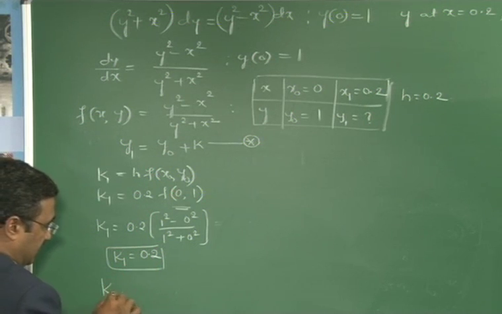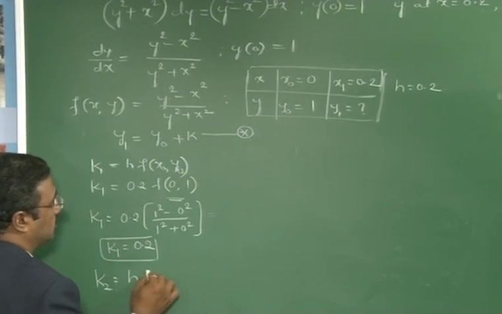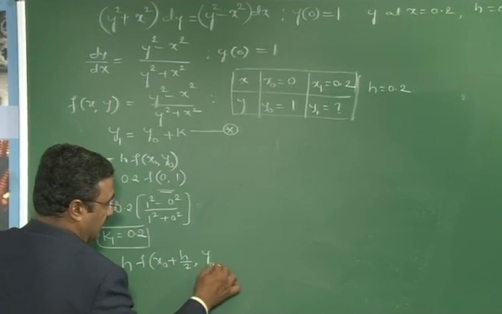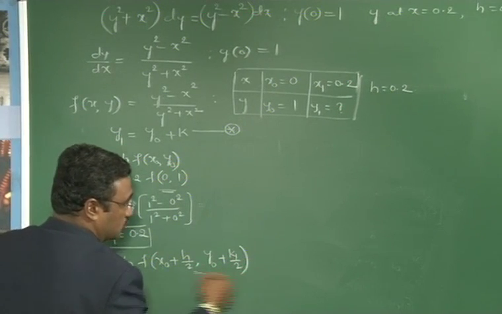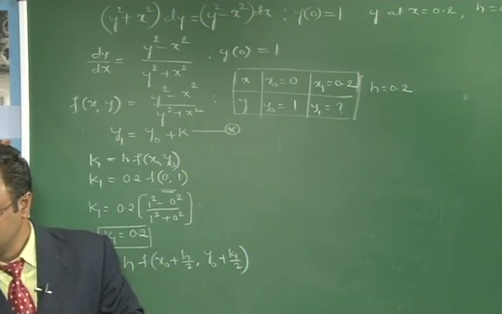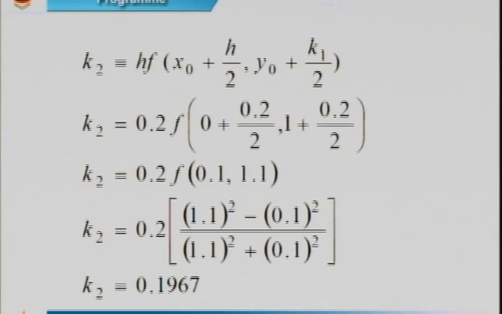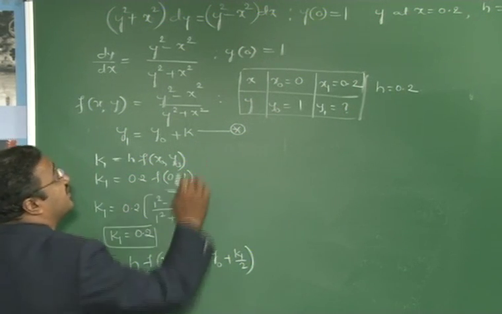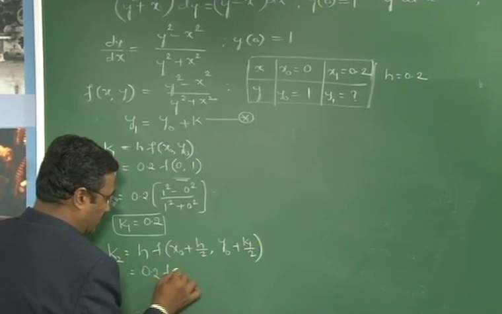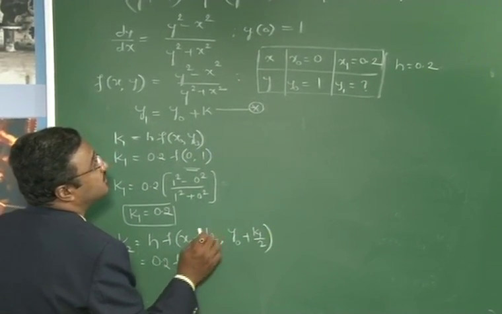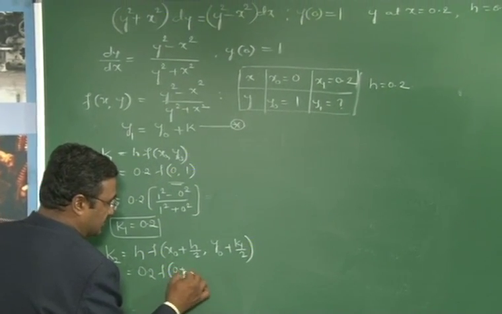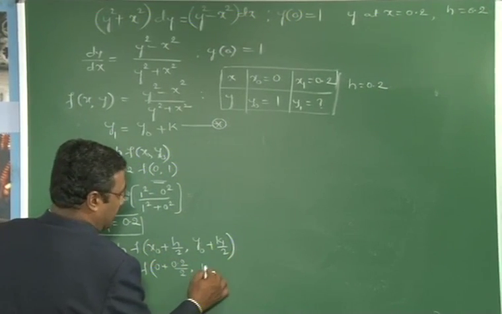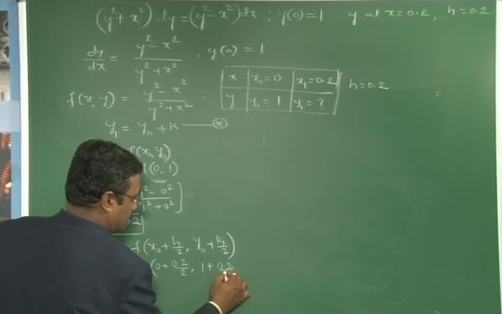Then again k2. Use this formula: h times f(x0 + h/2, y0 + k1/2). So again the h value is 0.2 and the corresponding value of x0 is 0. f(0 + 0.2/2, 1 + 0.2/2).